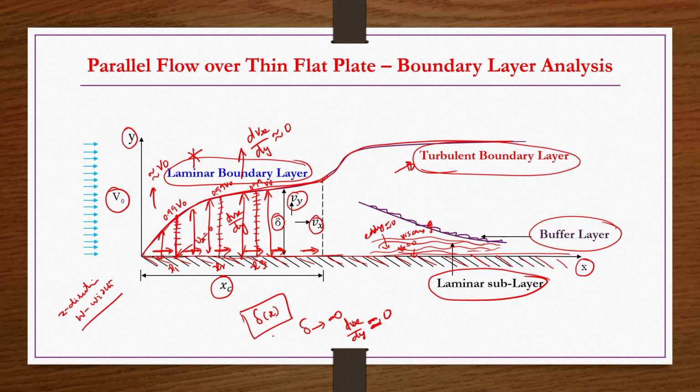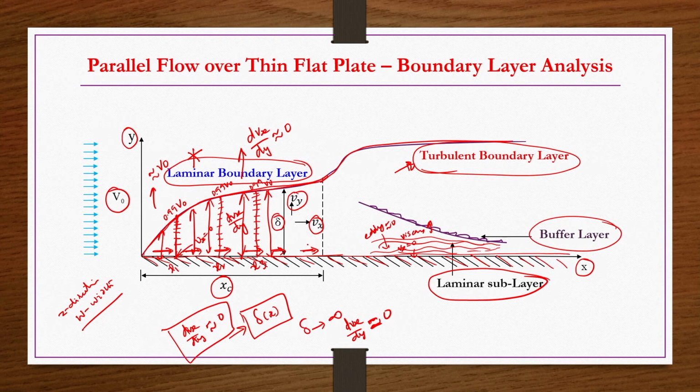But considering the practical difficulties, we find this delta region under which gradients exist, and beyond which dvx by dy is approximately 0, not equal to 0, but negligible. So, why are we doing this separation? Because in this boundary layer most of the gradients exist.